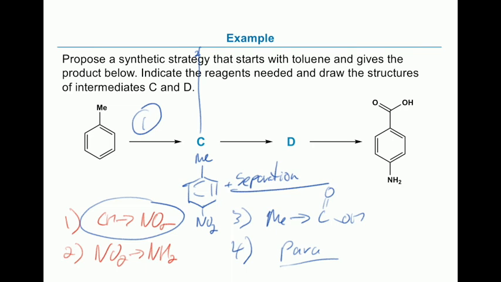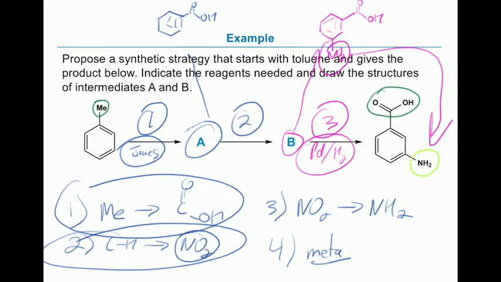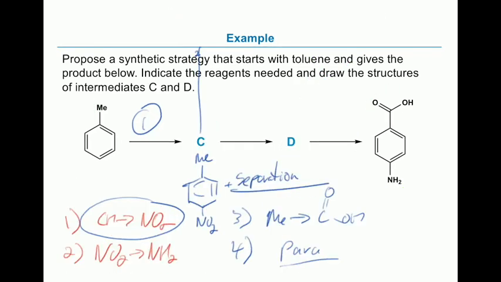Personally, if it was me, because I know the steps work out okay here, I would probably do Jones first in order to turn this into my carboxylic acid nitro compound, NO2, and then I do my H2 palladium hydrogenation, my nitro becomes my amine.